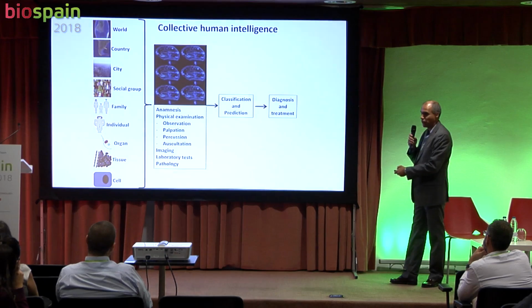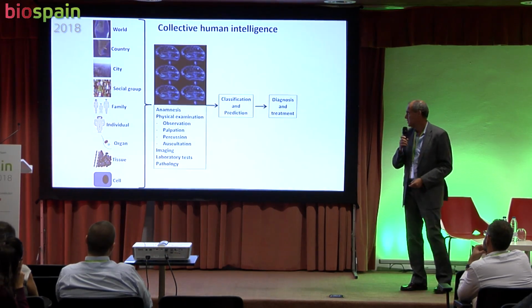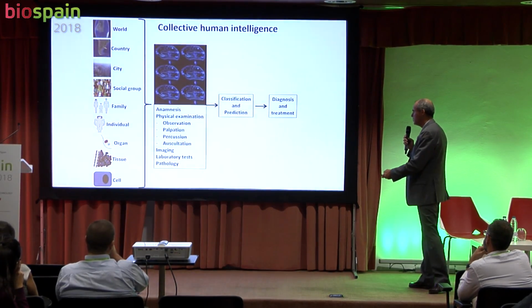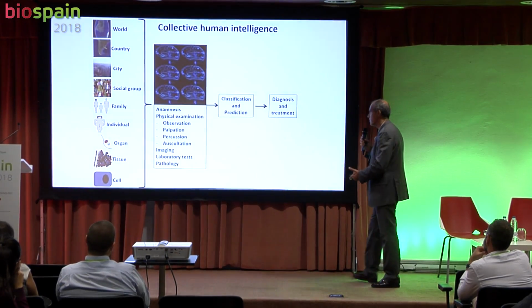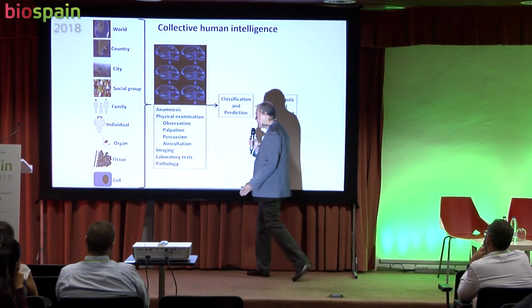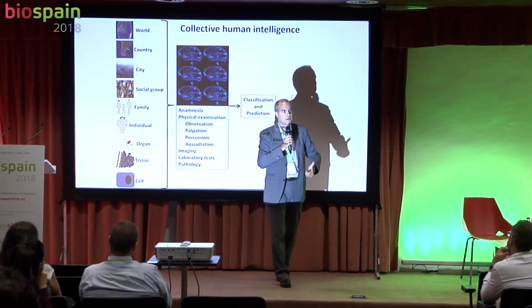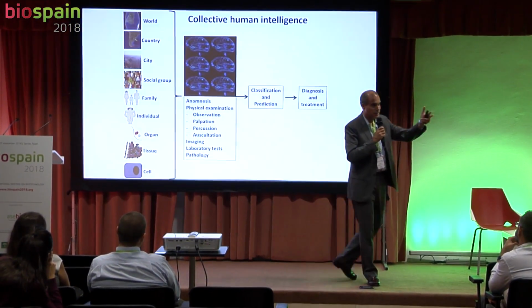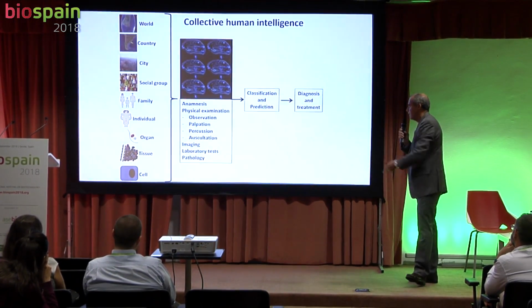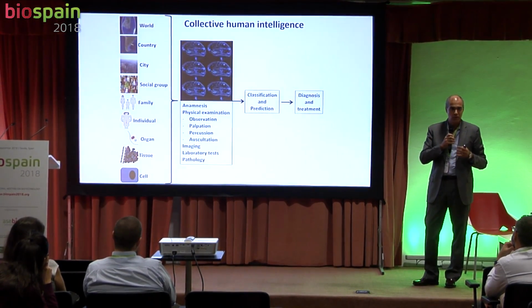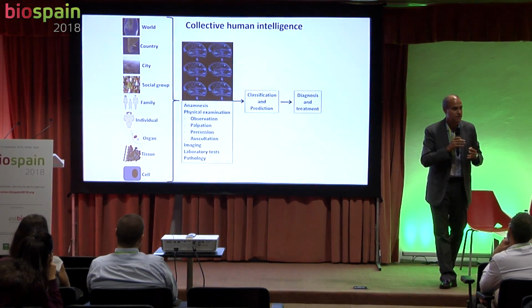they were using the same methodology as the individual intelligence, but adding new technologies: imaging, laboratory tests, pathology, and now we can analyze and collect data from all these processes: DNA sequencing, pathology, the clinical level, imaging, the family. Indeed, in hospitals, you have multidisciplinary teams treating cancer patients.